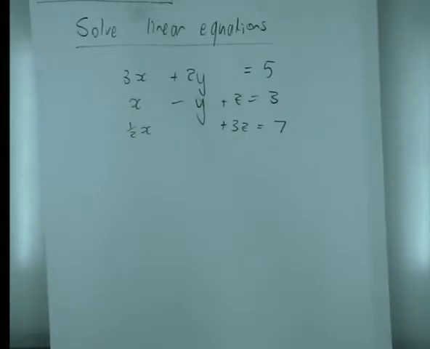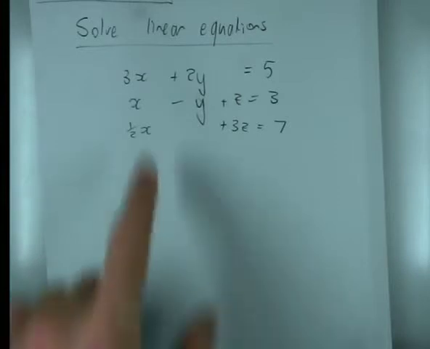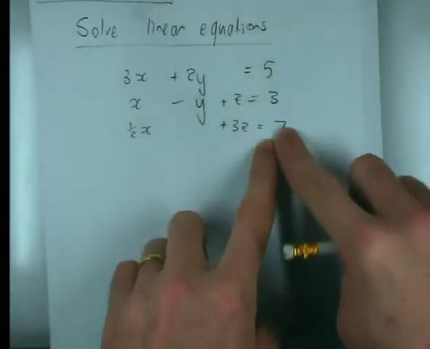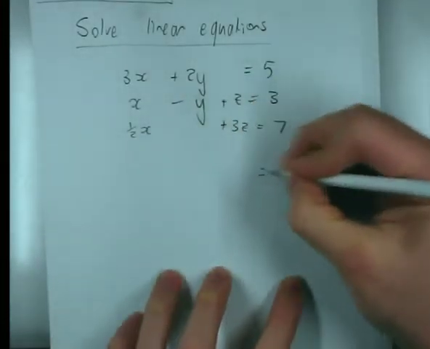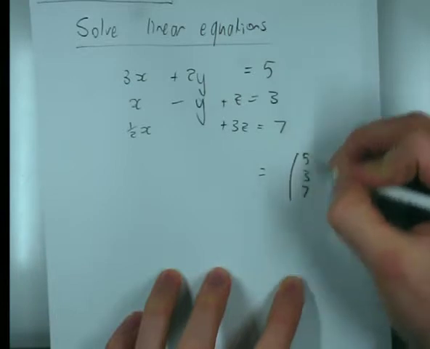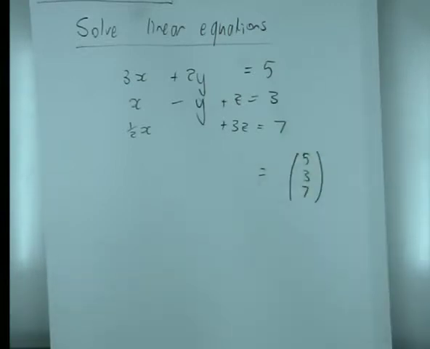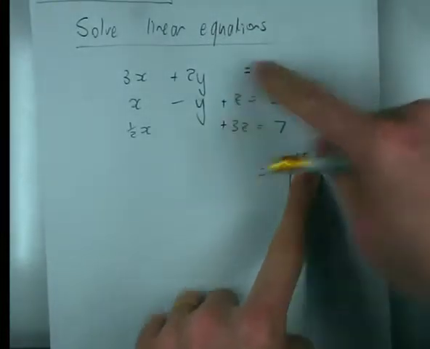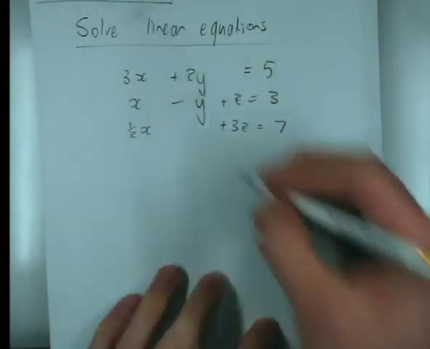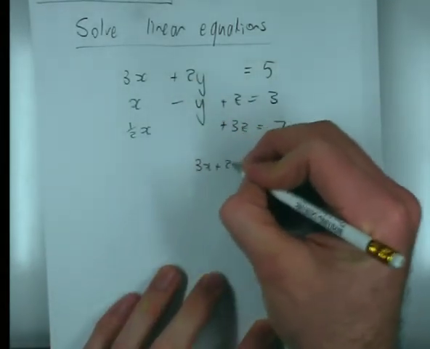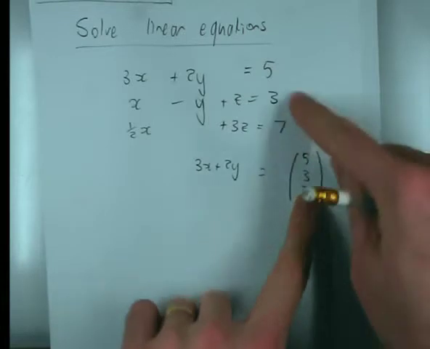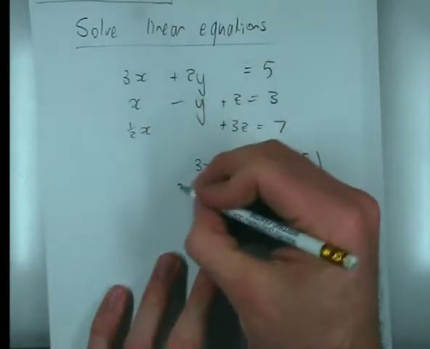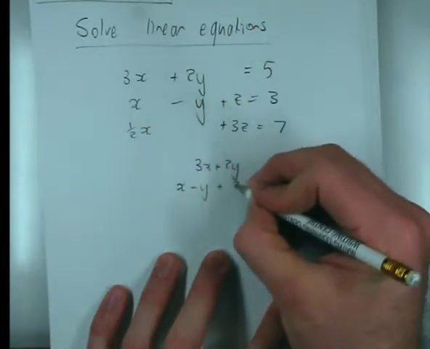So we can write this as a matrix, because first we can say, well, what if this was a column vector? Like that. Okay? And then we were just told that the first coordinate of this column vector is 5, but it's also 3x plus 2y. And the second coordinate is 3, but it's also x minus y plus z.